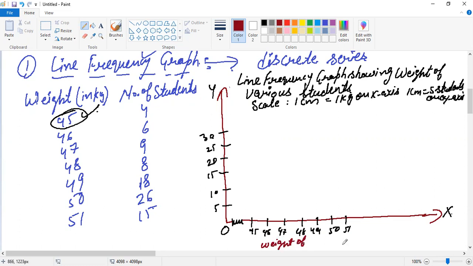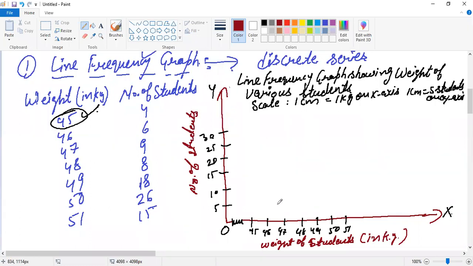Weight of students in kg on the x-axis and number of students on the y-axis.